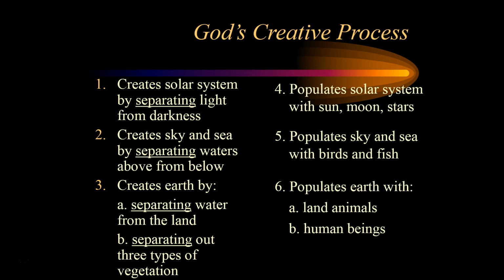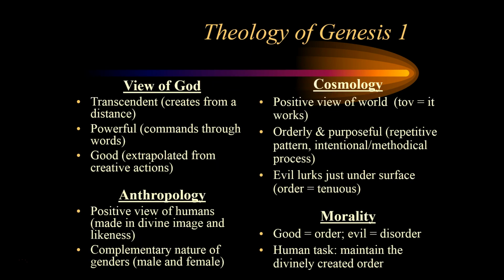Tov can be overcome when things aren't kept in proper place, proper order. When the divinely planned order is somehow ignored or creation is allowed to creep back into chaos, then evil returns. So maintaining goodness in this world requires real work and effort by human beings. It's not automatic. This is a very different story from what we see in the Enuma Elish.